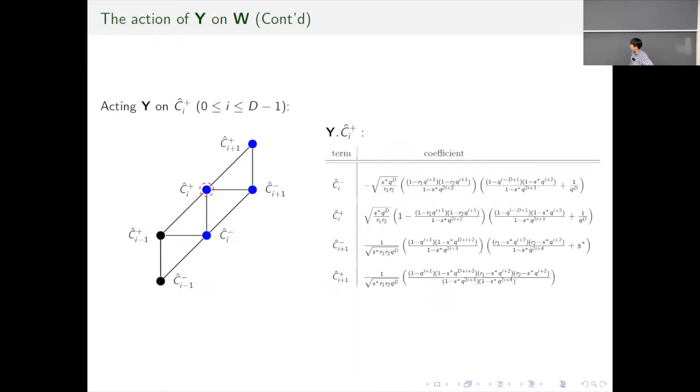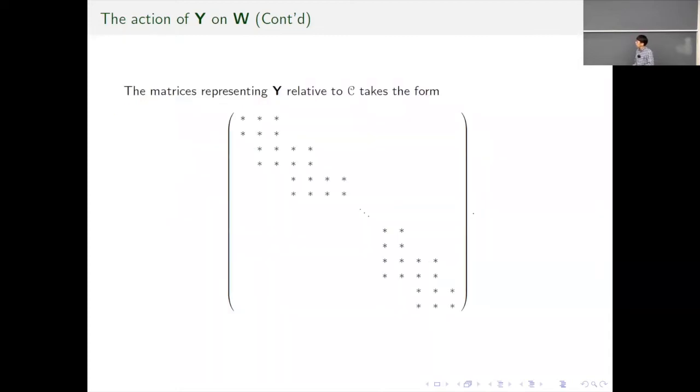When we compute explicitly, Y applied to ci plus hat is a linear combination of these 4 terms with coefficients. So when we take a look at the matrix representation of Y with respect to script C, this matrix representation has this form.